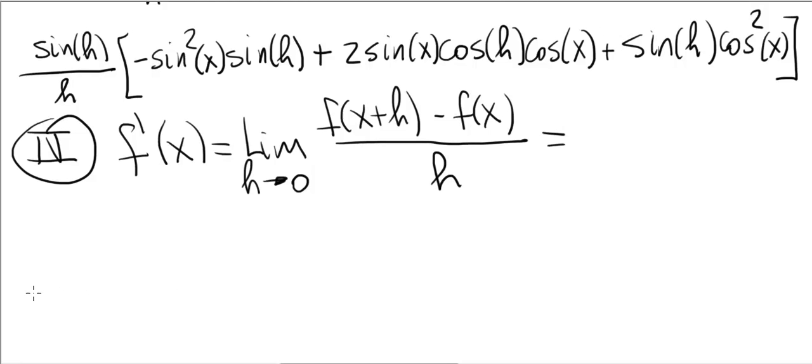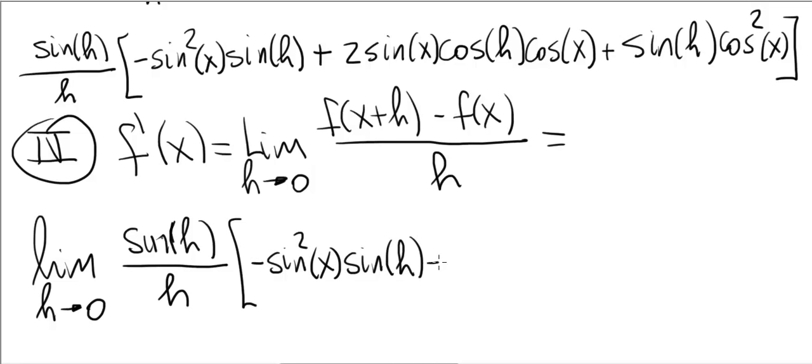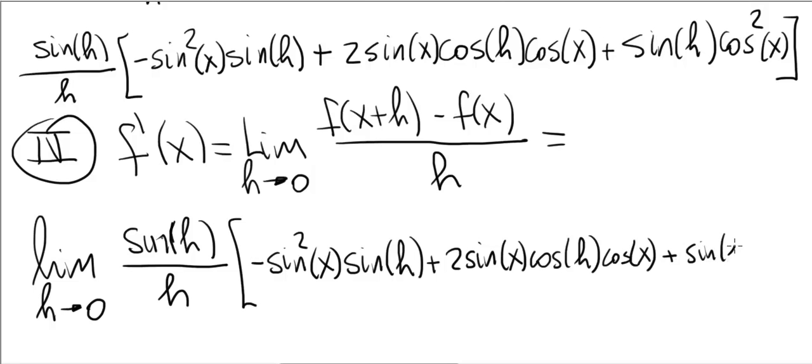And this becomes the limit as h approaches 0 of sine of h over h times the quantity minus sine squared of x times sine of h, plus 2 sine x times cosine of h times cosine of x, plus sine of h times cosine squared of x.